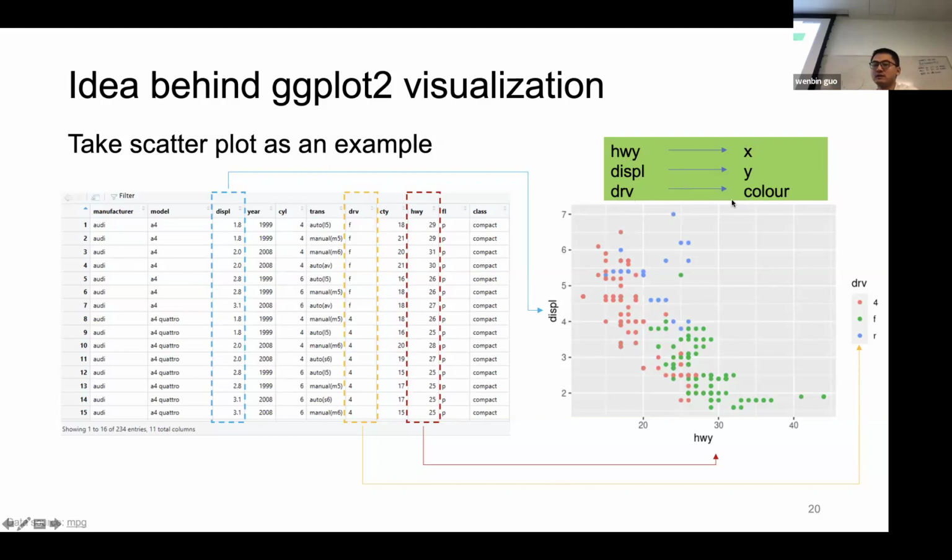So what ggplot2 does is first take your data and define a mapping, and then render your plots based on the geometry you choose. Here, the geometry is just a circle, a dot. In tomorrow's workshop, we will learn the details, but today I really want to give a big picture of what ggplot2 is doing.